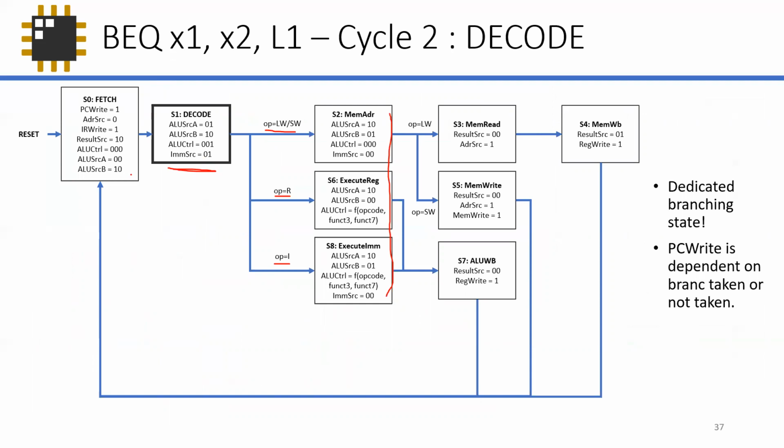But during the fetch stage, we don't know yet. Or rather, during the decode stage, yes, you could argue that you can immediately do a branch already, but we want to save up on states, because if you branch here with a separate state, we're technically wasting another state for our controller.